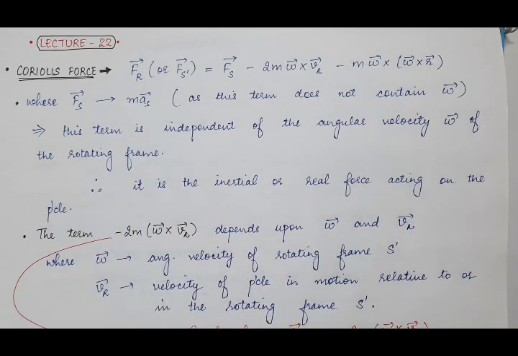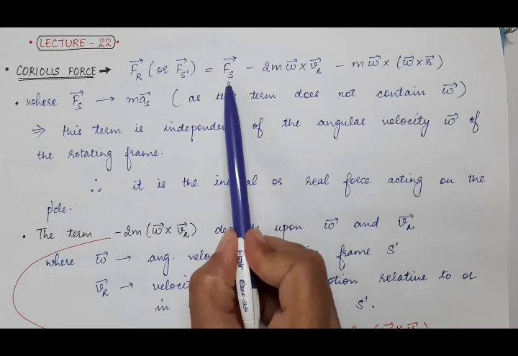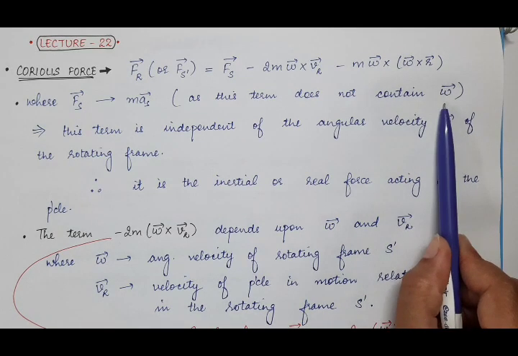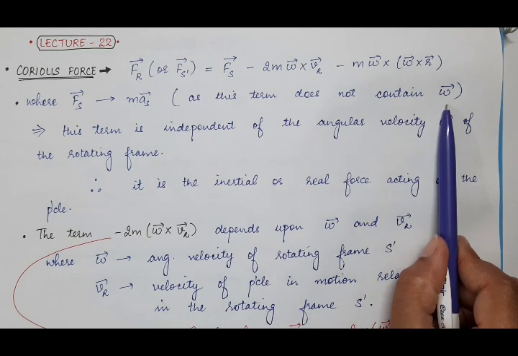Now as you can see, this first term doesn't contain omega. And what is this omega? Omega vector is the angular velocity of the rotation of the rotating frame of reference S dash.